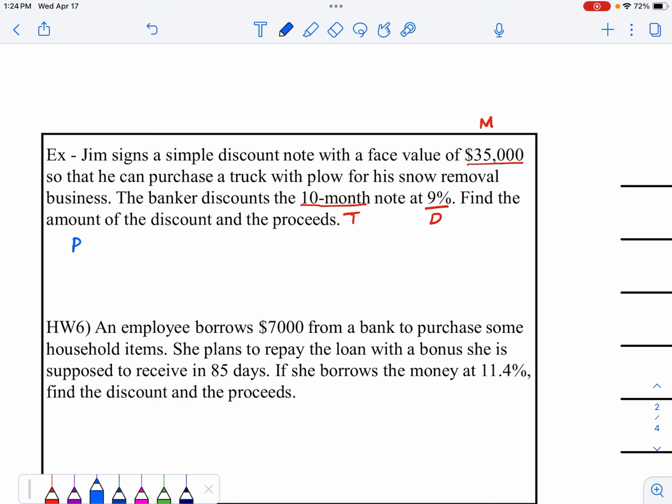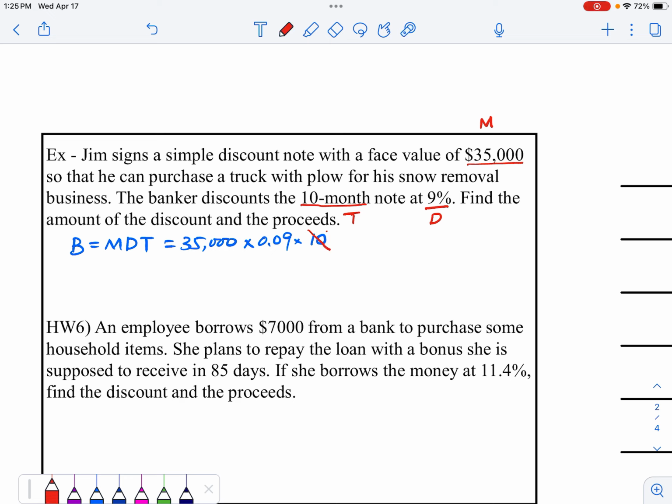So the amount of discount is MDT, which is the 35,000, times the discount rate, which is 9%, 0.09, times the 10 months. Well, pause the video here to ask yourself, is this correct? Okay. Now you may resume the video.